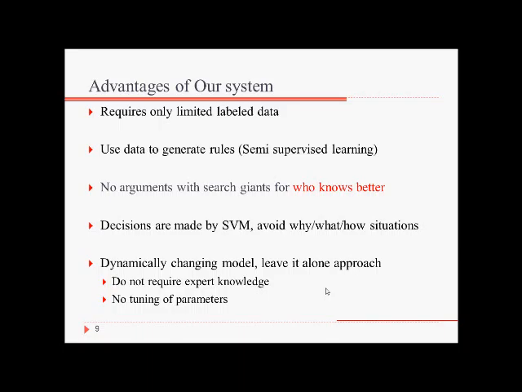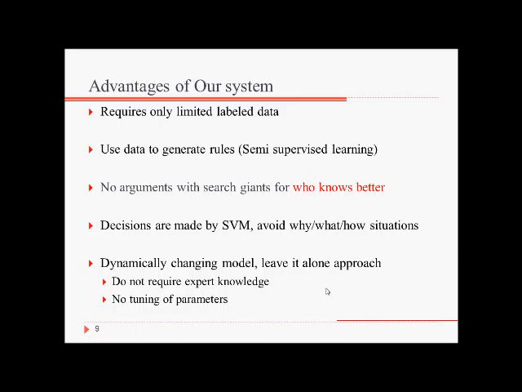First, it requires only limited labeled data. We do not need human experts to sit and go through every single click recorded in a web page or a click campaign. Second, our model generates rules for us, not vice versa. We call this model semi-supervised learning.